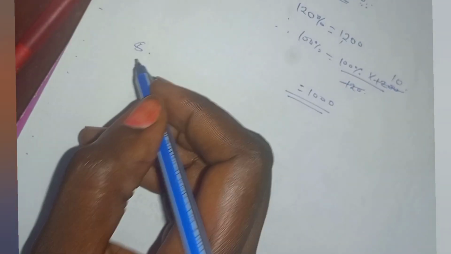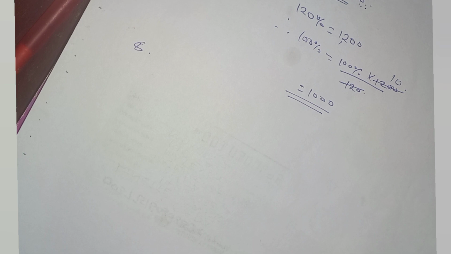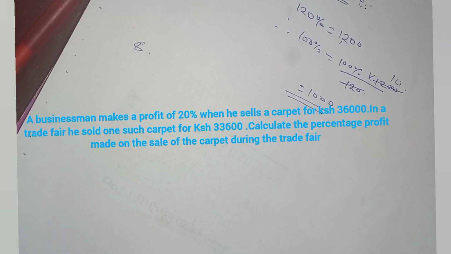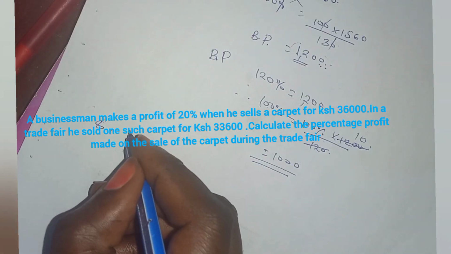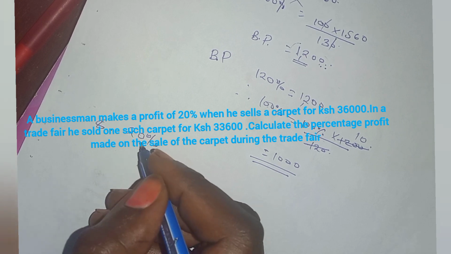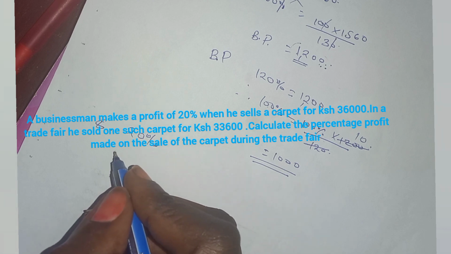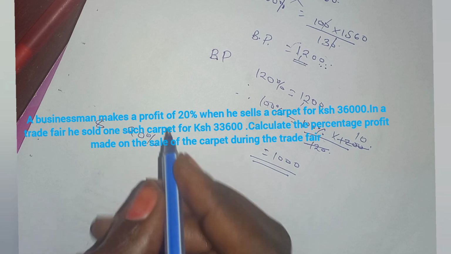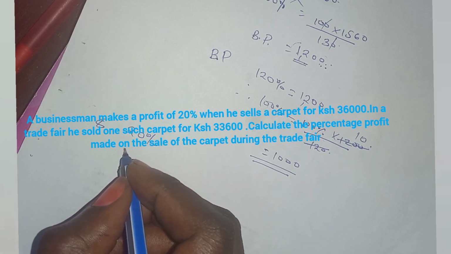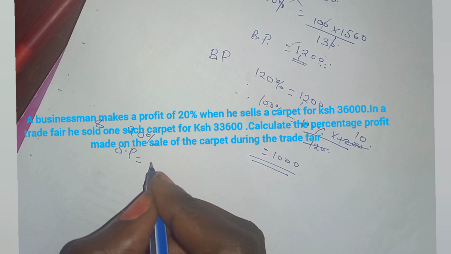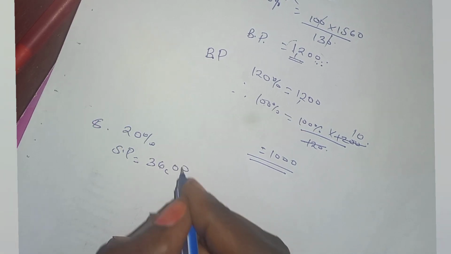Now let's look at number 8, and that is going to be the last question here. A businessman makes a profit of 20% when he sells a carpet for 36,000. So this one, selling price is 36,000.